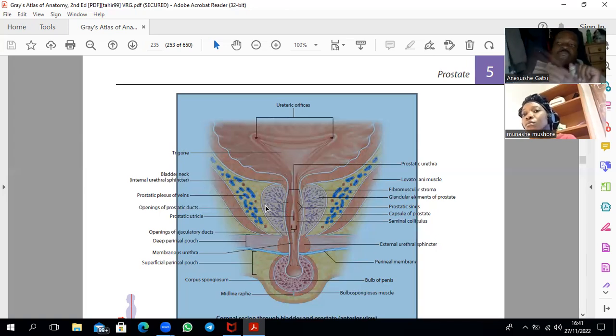So people tend to remove the prostate. Others prefer medical castration, where you just remove the testis, which is producing the testosterone. It's something interesting. Thank you, this prostate.